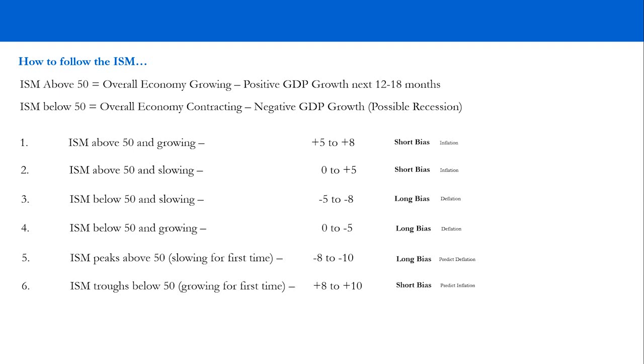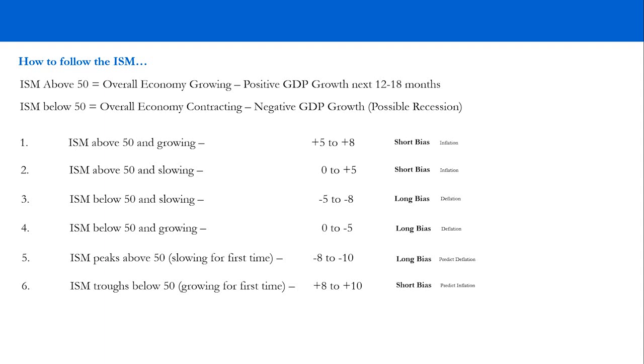If the ISM is above 50 and slowing, we're looking at a 0 to +5 score. So what do we mean by that? The ISM is above 50 and slowing. Well, let's say last month the ISM was 59, but this month it's 55. Well, that means it's still above 50, so it's growing, and it's forecasting that the economy will grow.